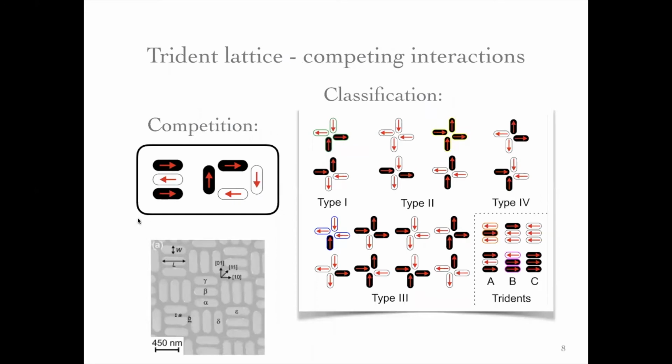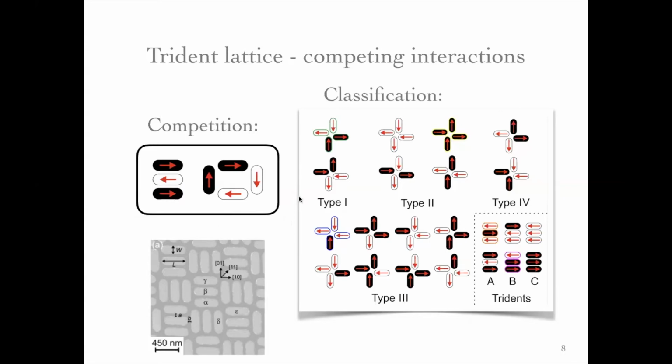So if we look at the interactions in the system, we can see that for the interactions within one trident, the most favorable configuration is to have all of the spins head to tail, so alternating. However, if we look at the interactions between the vertices, again, the lowest energy interaction is head to tail, but we can see that in this geometry, these two arrangements are not compatible with one another, and so this leads to competition.